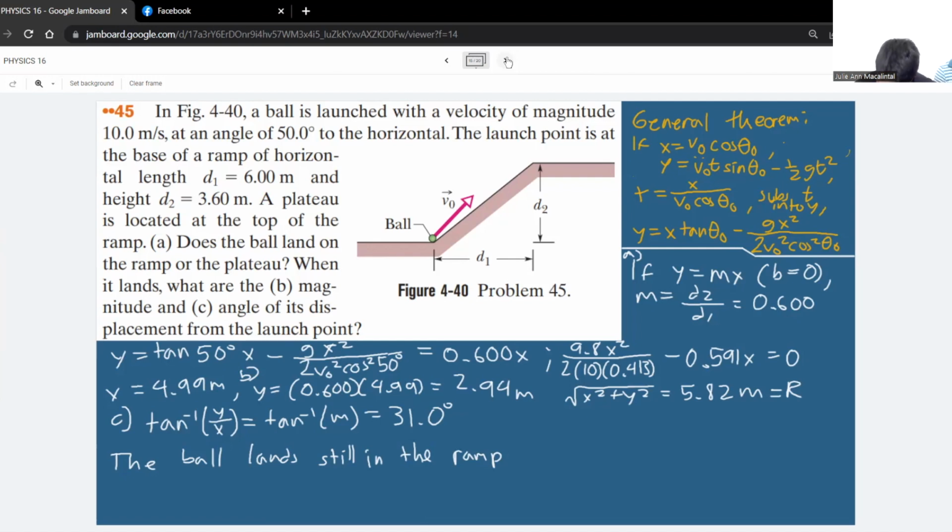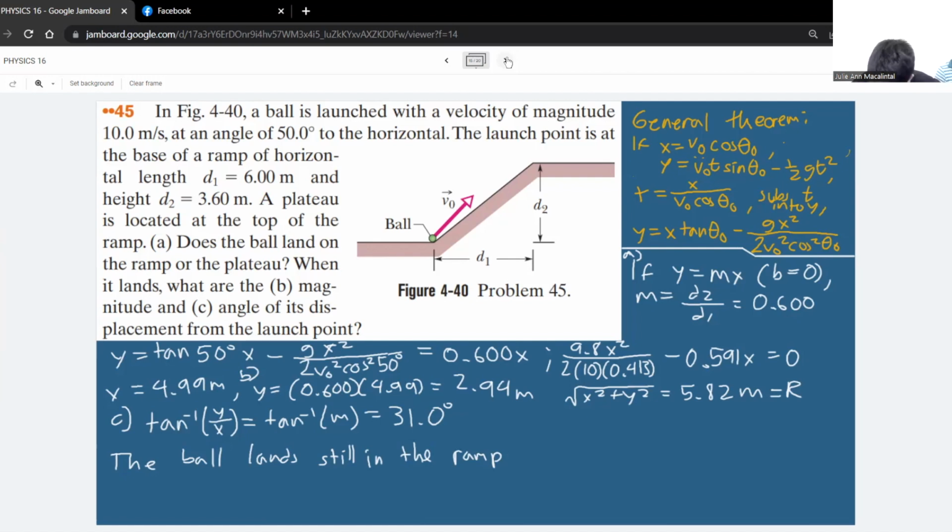ganito, i-abstract natin yung problem. So d sub 1, d sub 2, given d sub 2 and d sub 1, alam natin yung angle ng ramp, diba? So it's going to be tangent inverse of d sub 2 over d sub 1.